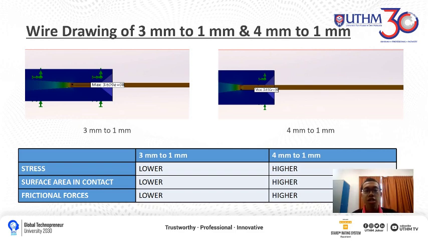So the 3mm wire stress is lower than the 4mm wire. It is because the 3mm surface area in contact is lower, and if it's lower, the frictional force is lower too, because the area to make the force is lowest.